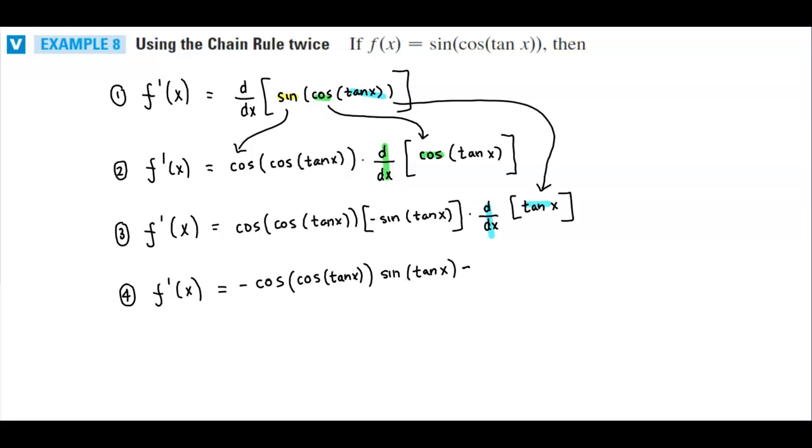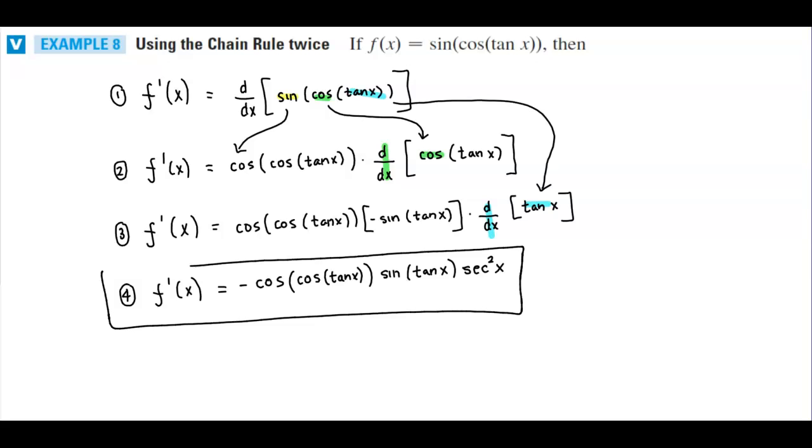Well, we know that that is secant squared x. And so therefore, that is the derivative of our function.